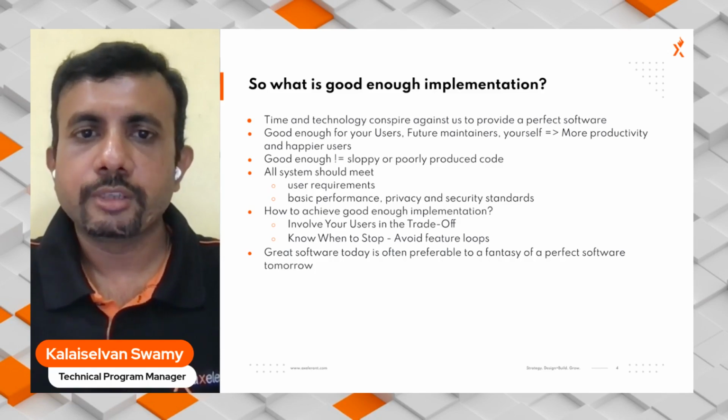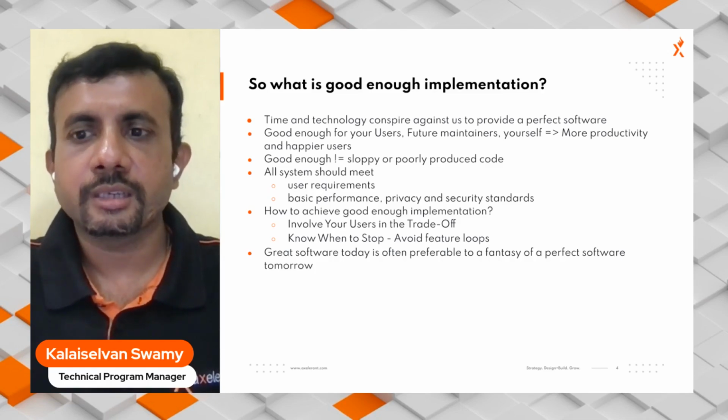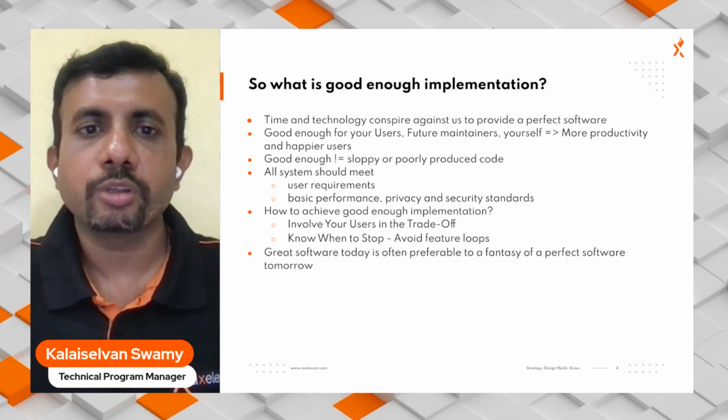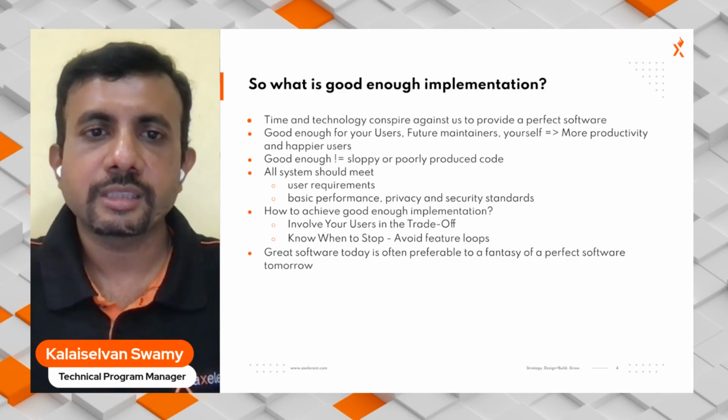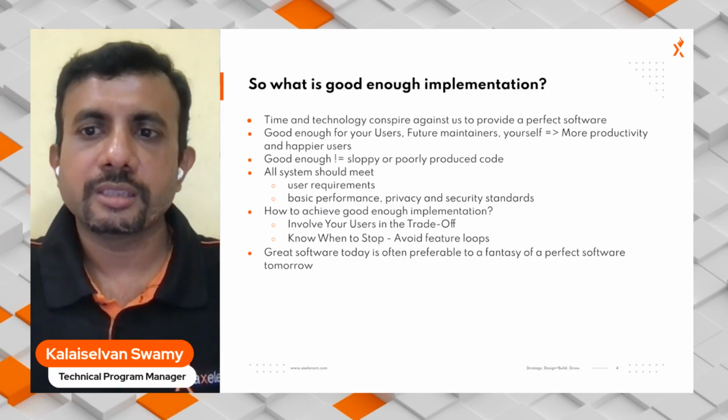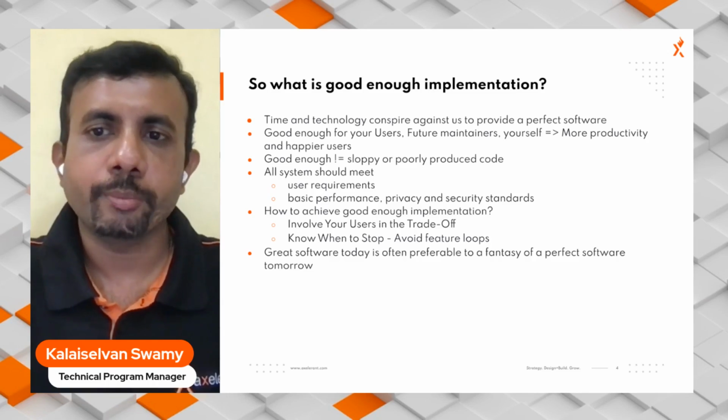So how do you achieve this good enough implementation? The main secret to this is involving your users right from the first phase, like we discussed in the earlier sessions, to discuss with them, collaborate with them, and let them know that these are your trade-offs and this is what you are going to implement, and these are the pros and cons of this approach.